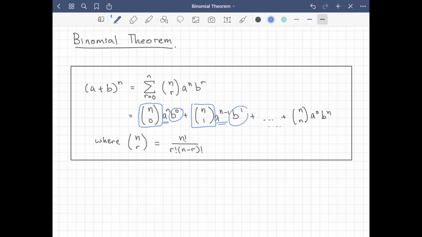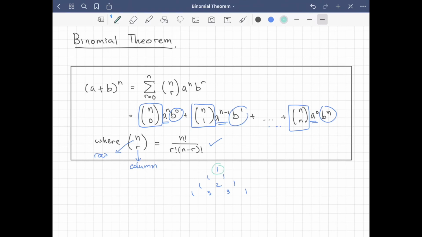Finally, the last term is a to the power of 0 and b to the power of n, with the last coordinate in the n row. And the coordinate can be calculated using this formula. Remember, the n here represents the row and the r here represents the column.